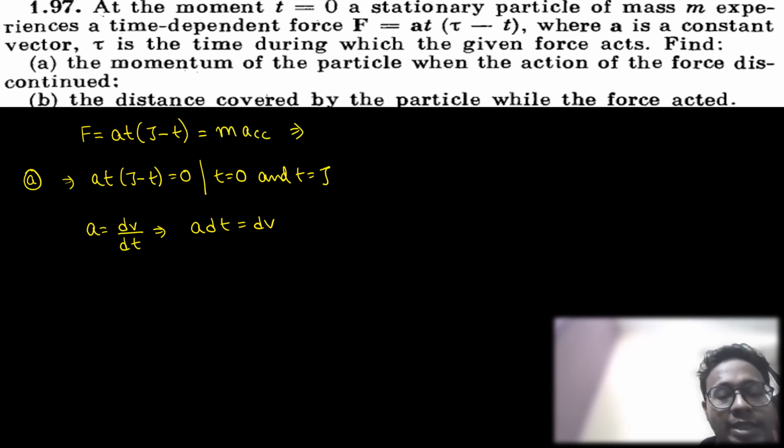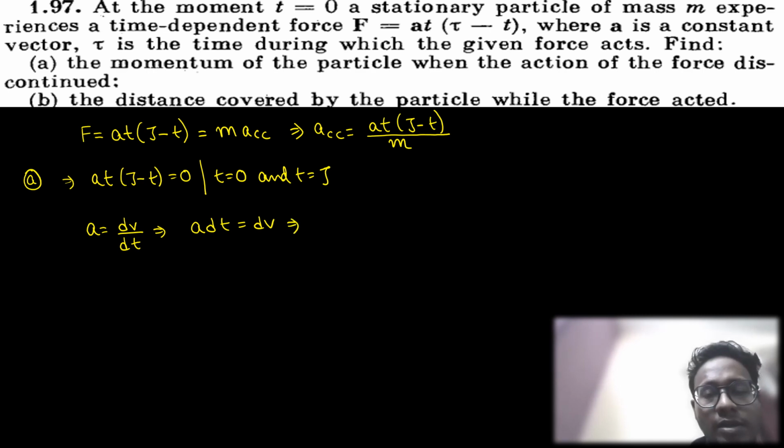So using these two equations, with force at into tau minus t and mass into acceleration, can I say acceleration is equal to at into tau minus t divided by m? Or at into tau minus t by m dt is equal to dv.